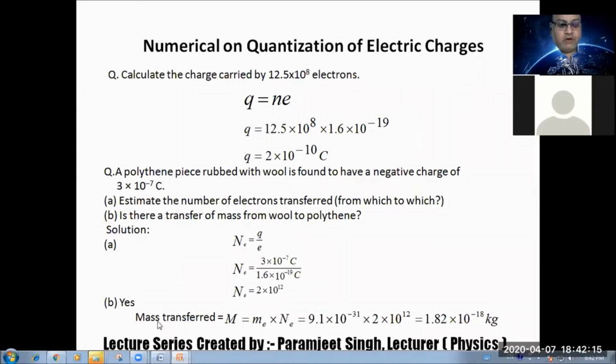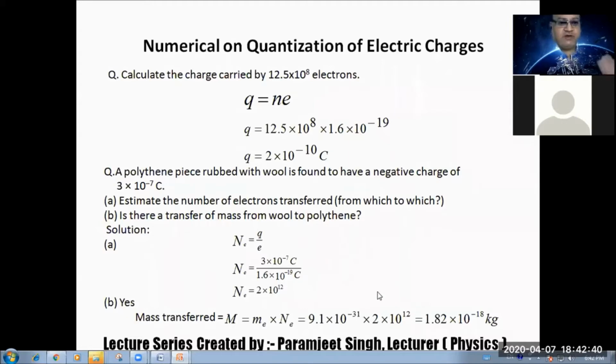So how much mass? The number of transferred electrons times the mass of the transferred electron. How many electrons transferred? 2 into 10 raised to power 12. That is capital M. And mass of one electron, small m, is 9.1 into 10 raised to power minus 31 kg. So multiply, get the answer.